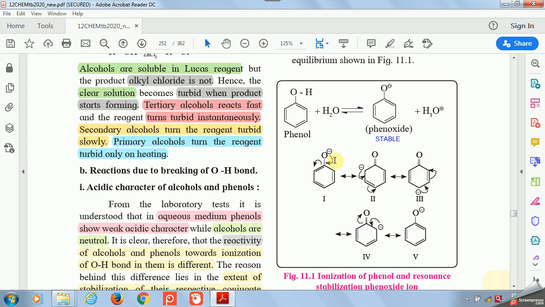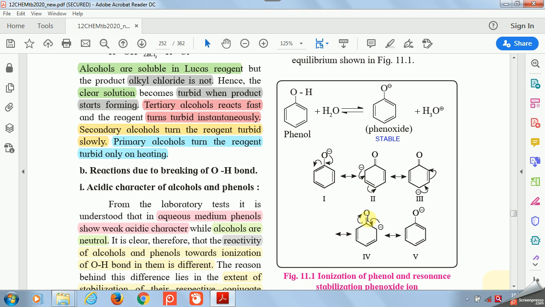The negative charge is transferred through the benzene ring and again comes to the oxygen in the 5th structure. So the negative charge is stabilized by 5 different carbons in the benzene ring at its ortho and para positions.